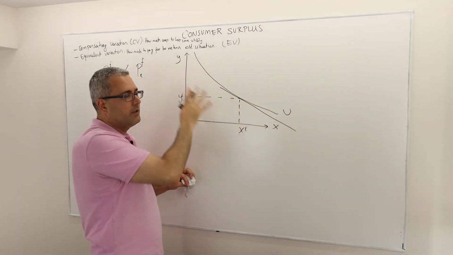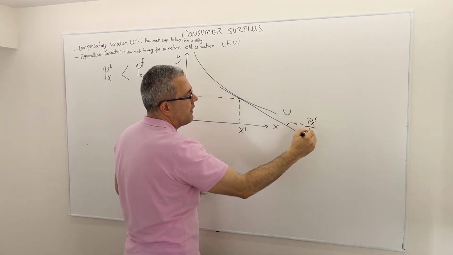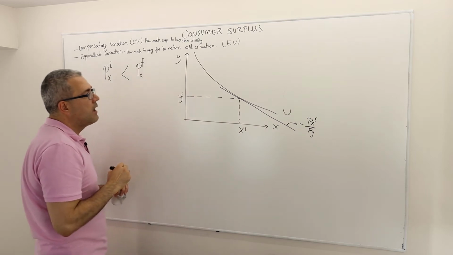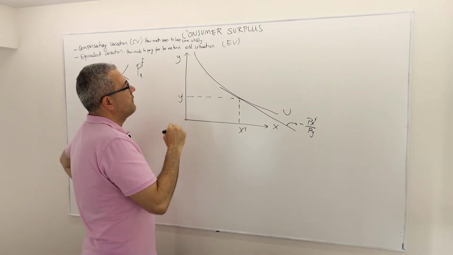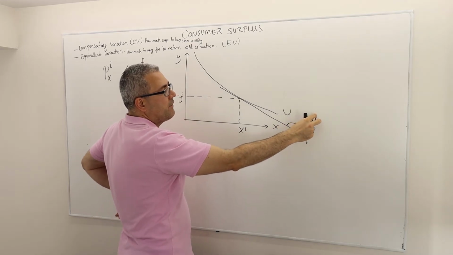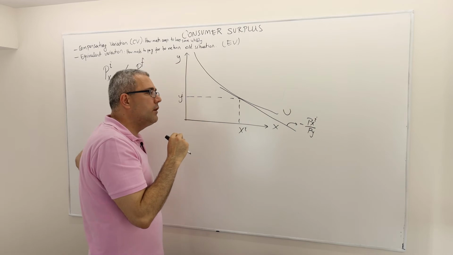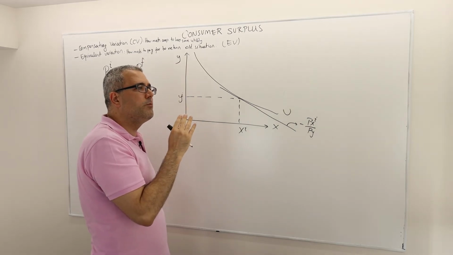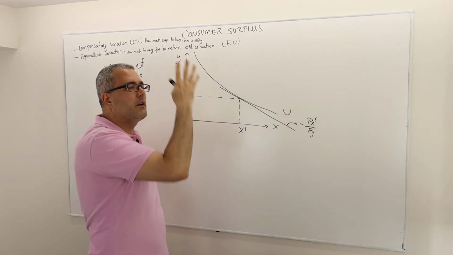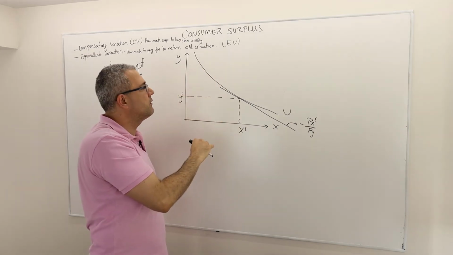I'm not completing the budget line, and I know that its slope is Px initial divided by Py, right? What I know is that now I'm changing this price, Px final, which is a bigger number. So therefore the absolute value of the slope is going to be higher, which means the new budget line is going to be steeper or more perpendicular to the horizontal axis.